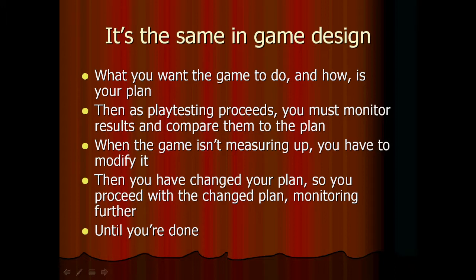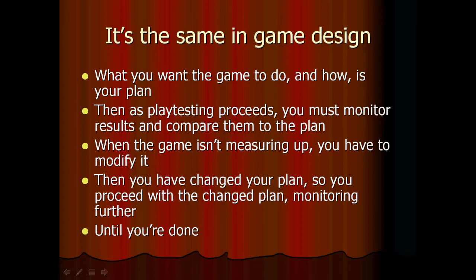Well, a game is a project as well. And what you want the game to do is your plan. The playtesting is the execution in effect. Yes, you have to make a prototype, and the sooner you get a prototype, the sooner you can start to execute and see what's going to happen. And you have to monitor the results and compare them to the plan, to what you want the game to do.